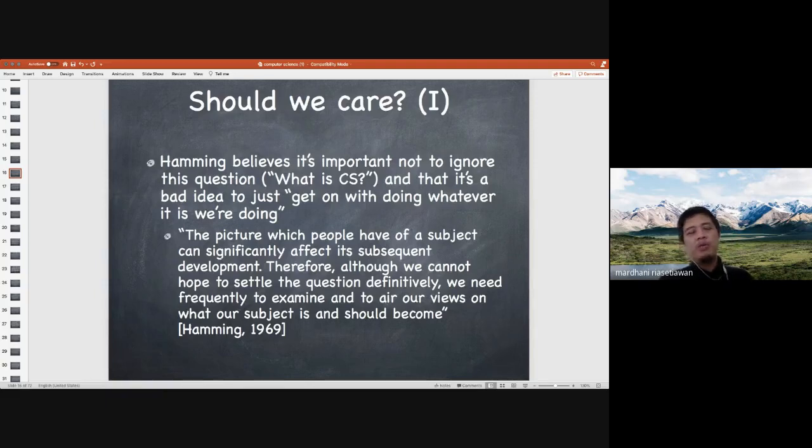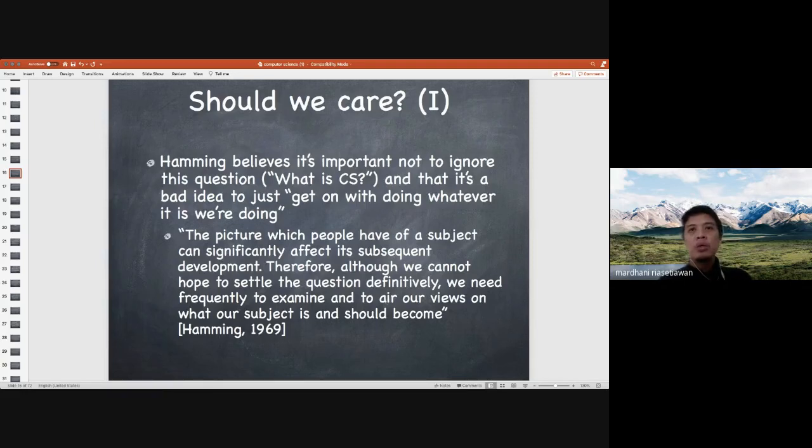It doesn't matter whether we call this computer science or not. The most important thing is what you are doing in it. That will be very important for us.